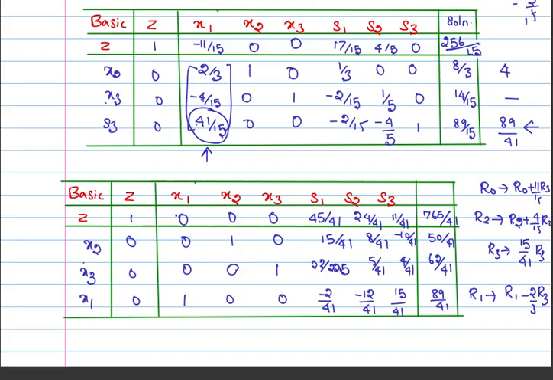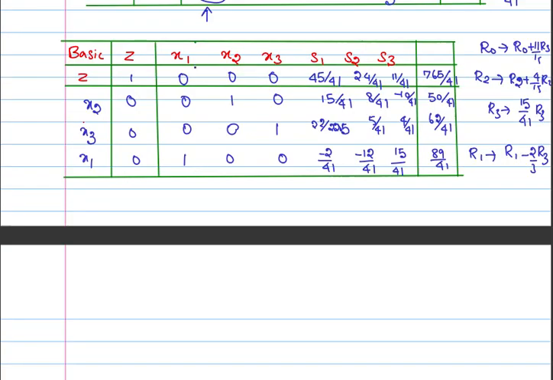So hereafter, any increasing of the x1, x2, x3, does it make the z value maximum? No. So then we achieve the optimal solution. So what is the x1 value? The x1 value in the solution is here 89 divided by 41. X2 value corresponding is 50 divided by 41.